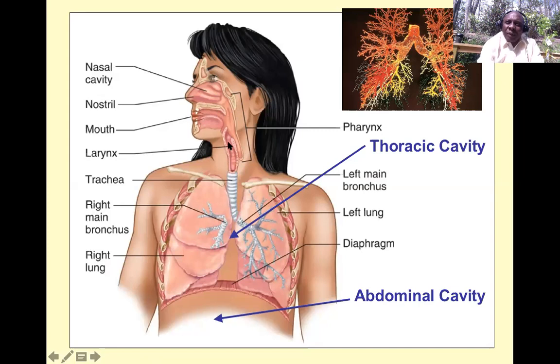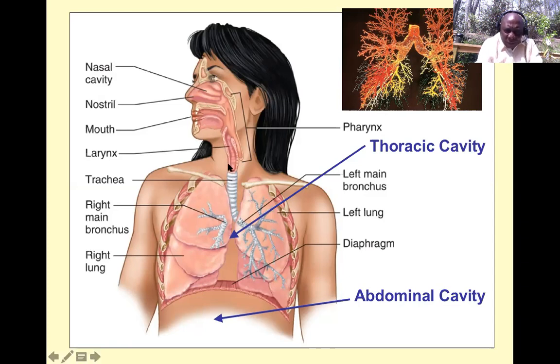And that's one thing I forgot to mention, maybe the fourth function of the respiratory system is sound production. And the larynx produces the sound.